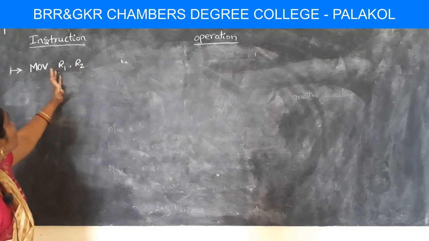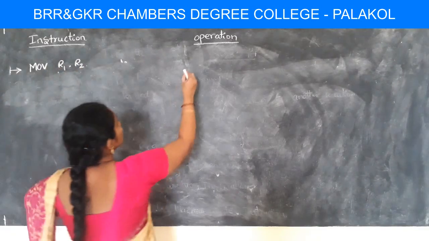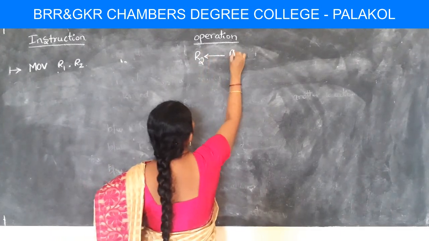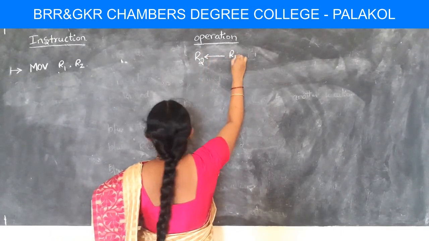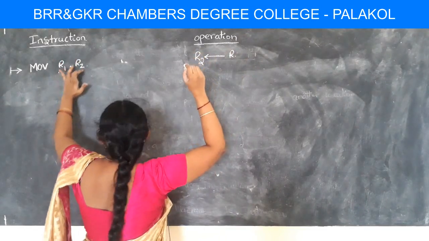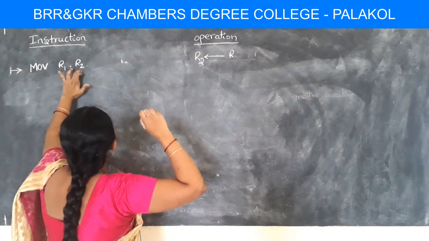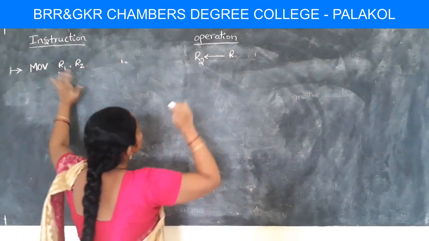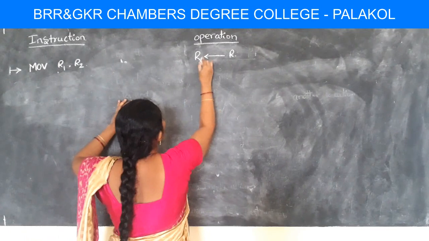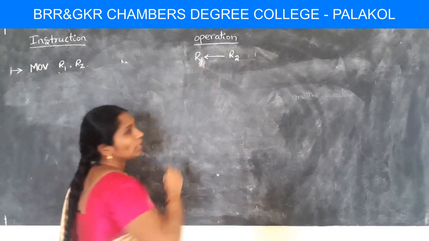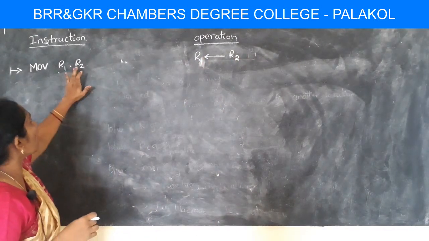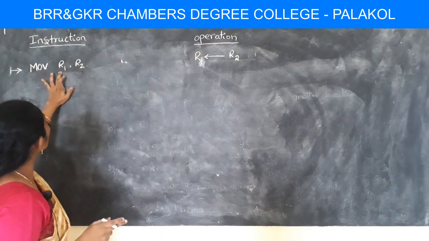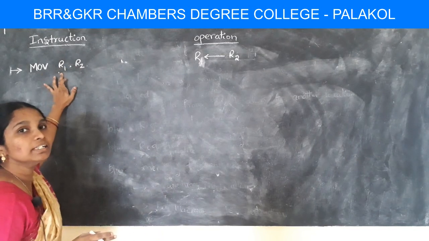So that means the meaning of this is, R2 tends to, that means what are the contents there in this R2 register, those contents are copied to this R1 register.